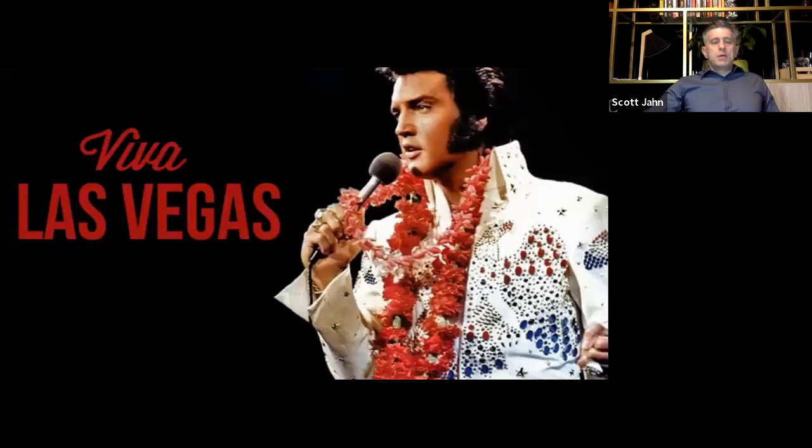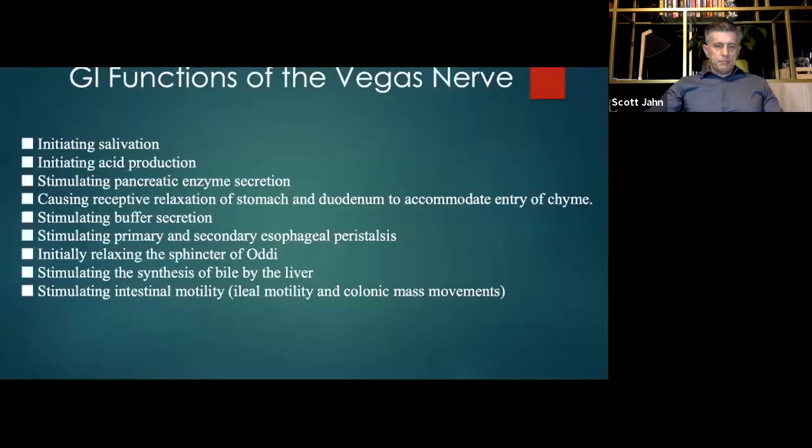Now, we're going to talk real quick about the vagus nerve. The vagus nerve is probably the most important nerve in the body. It is responsible for many, many things, including gut motility. It initiates salivation. It also initiates acid production and stimulates pancreatic enzyme secretion.